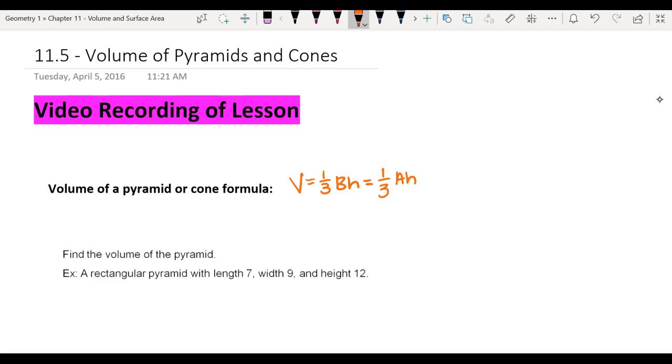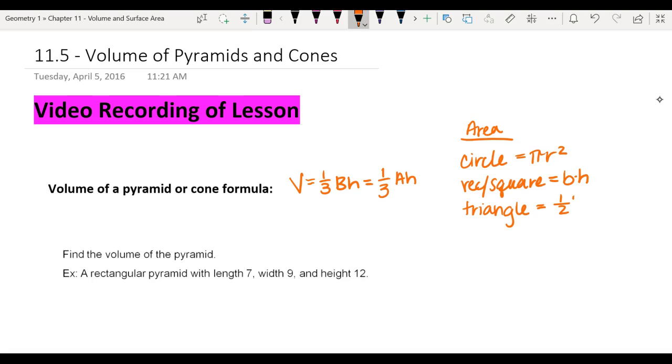Now, yesterday a lot of people were wondering what area formulas do we need to know? The area formulas you need to know: a circle, which is pi r squared. A rectangle or a square, which is base times height. A triangle, which is 1/2 base times height. And a lot of you came across this yesterday: your base and your height of a right triangle are like A and B sides.